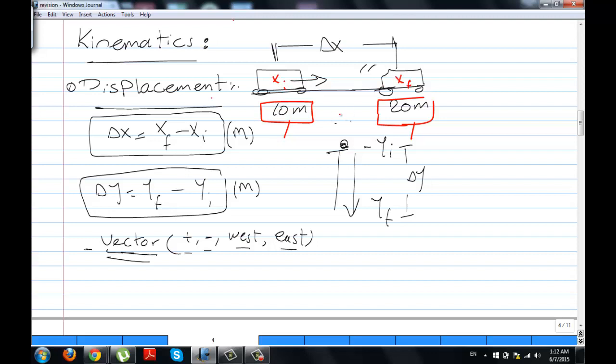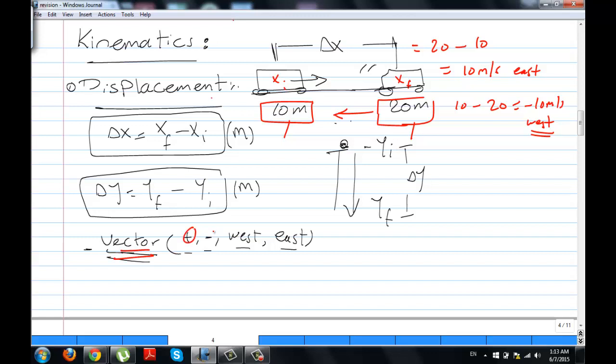So in order to find the delta x in this situation, it is equal to the final minus initial, which is 20 minus 10, which is equal to 10 meters to the east. If you're moving in the opposite direction, it would be 10 minus 20, because the final will be 10 and the 20 would be the initial one, so it would be negative 10 meters to the west, which means that it is a vector quantity.